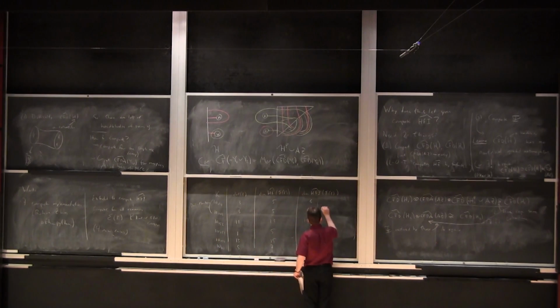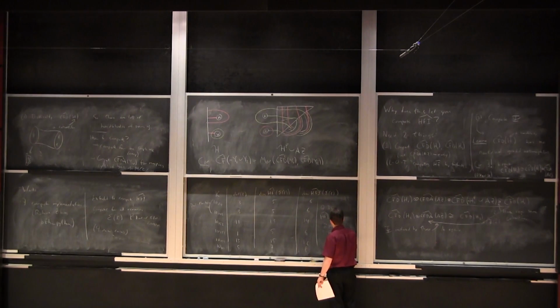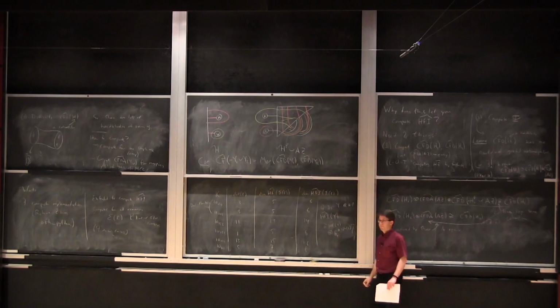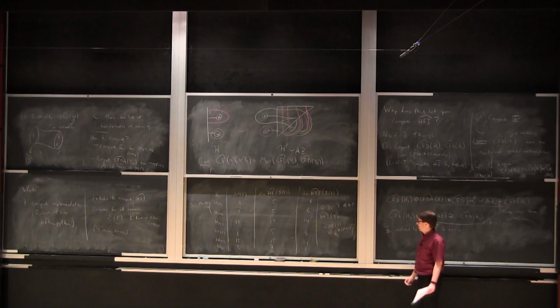So, question. Is HFI hat of Y isomorphic to HF hat of Y plus F2 to the number of spin structures on Y, let's say for Y a rational homology sphere, which in each of these is 1?